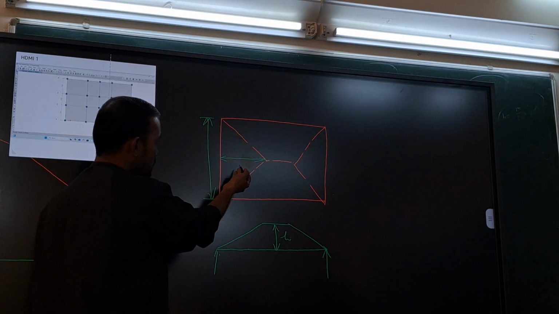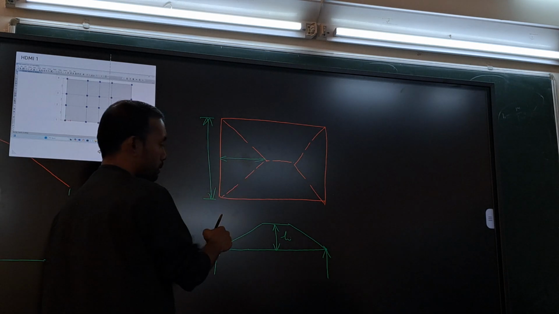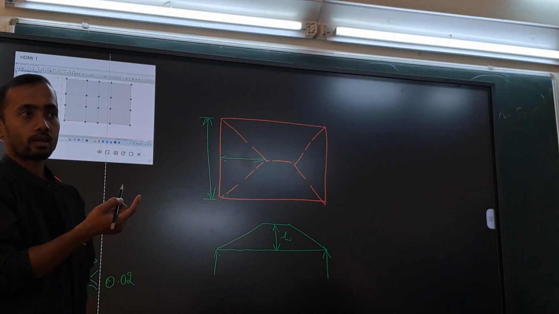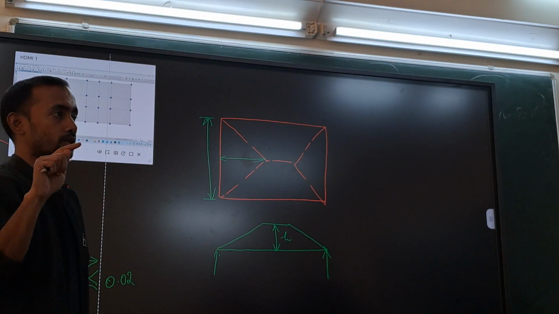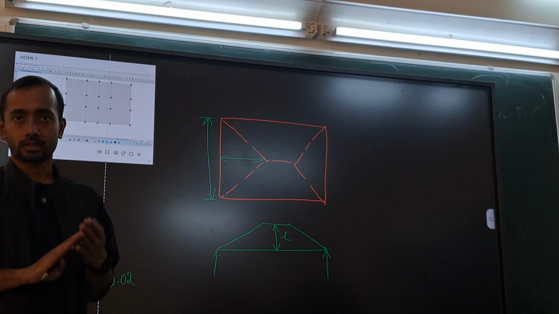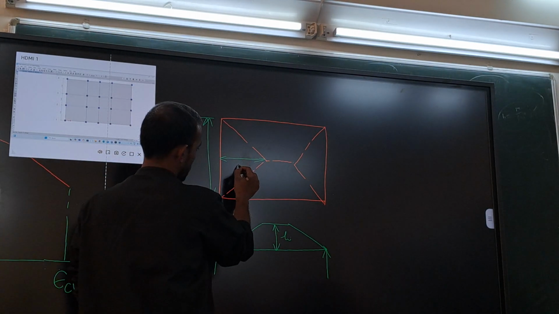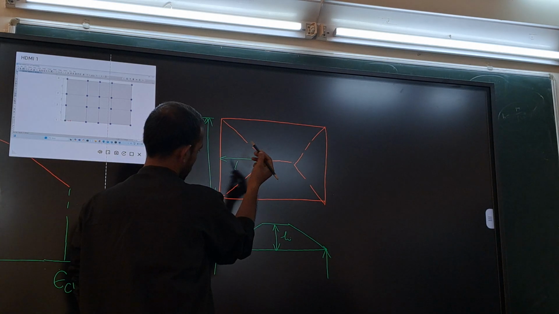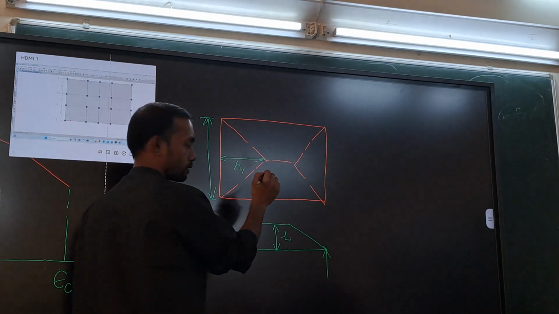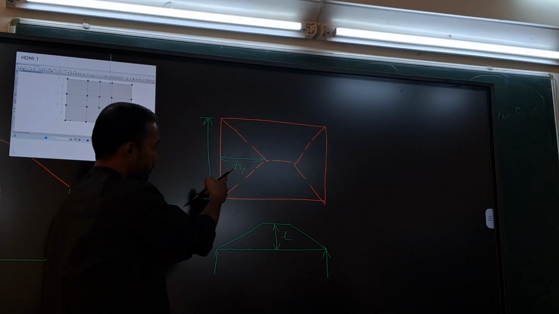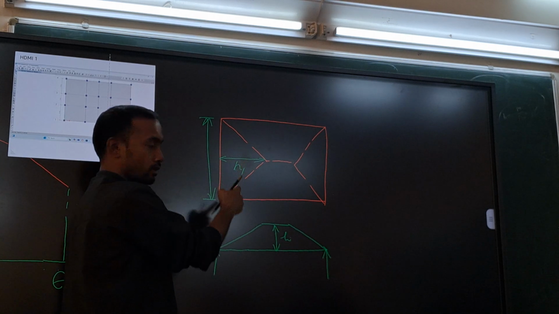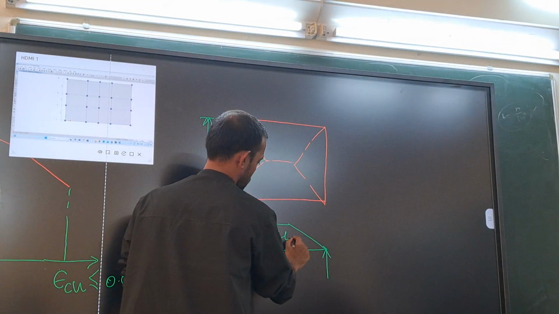So whatever this height is, that is multiplied by the load intensity. Load intensity means, suppose you have 3.5 kN per meter square as floor load. That 3.5 multiplied by, let's say this is H1. So 3.5 multiplied by this H1 will give you this.